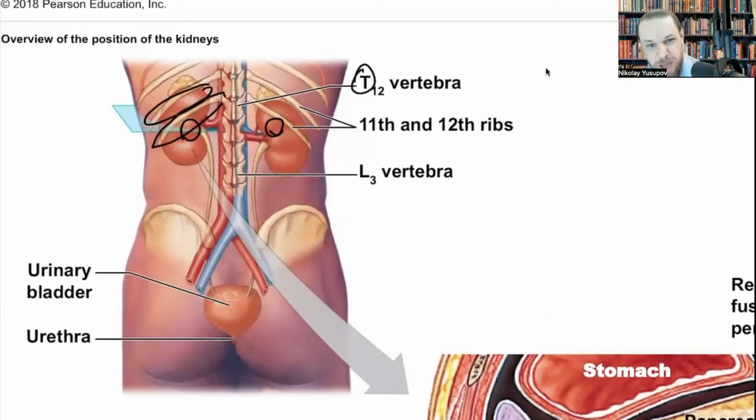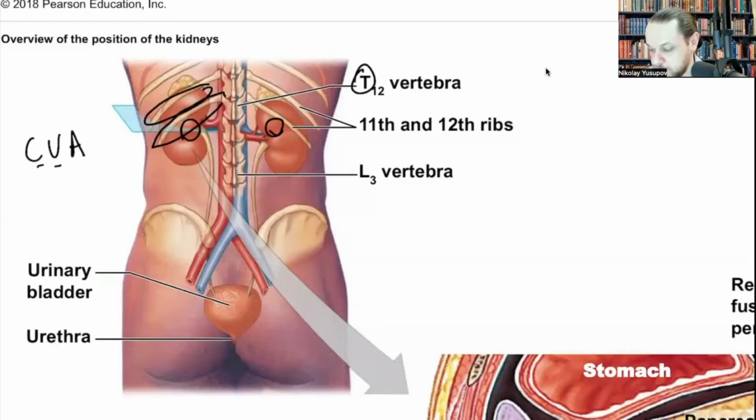Just while we are on this topic, talking about patient assessment, if you suspect during your assessment that someone has a kidney stone, one test you could do is this: you put your hand on the back over the kidney and you tap on it. This is called costovertebral angle tenderness, or CVA tenderness.